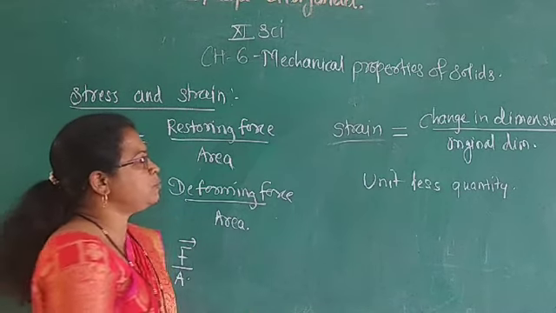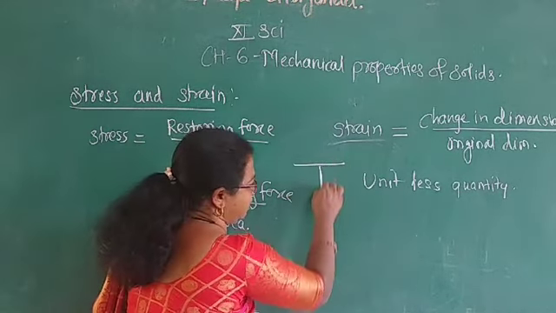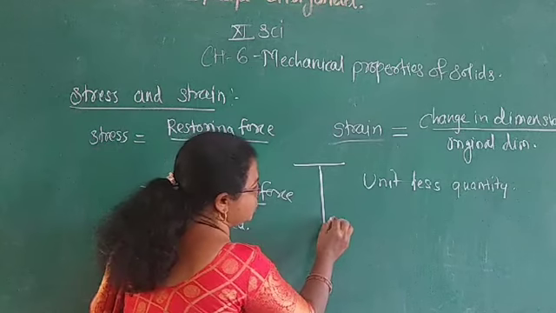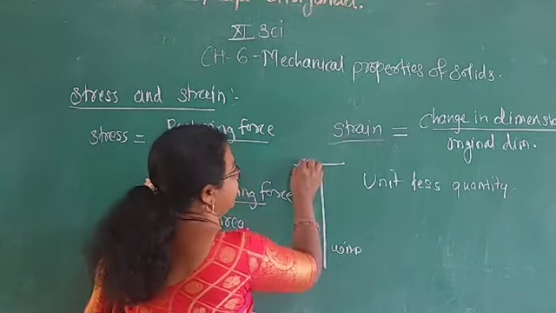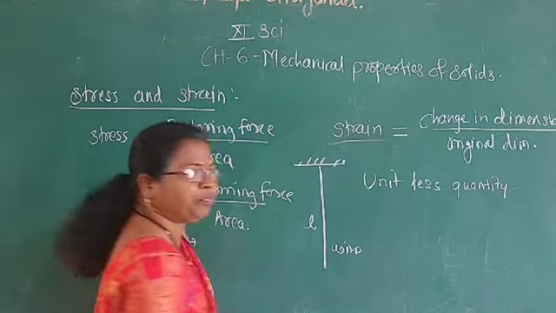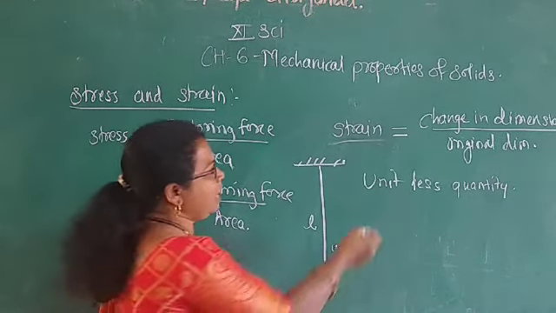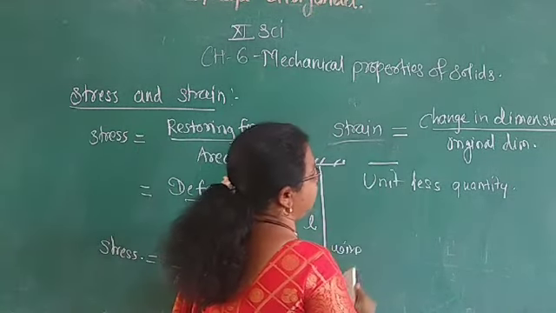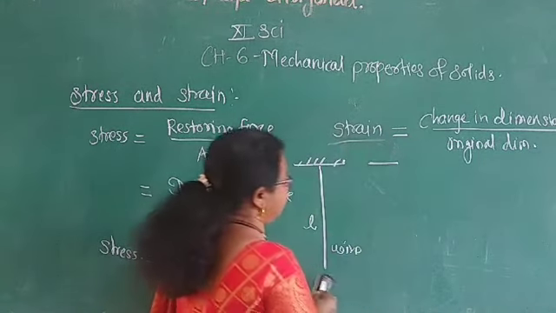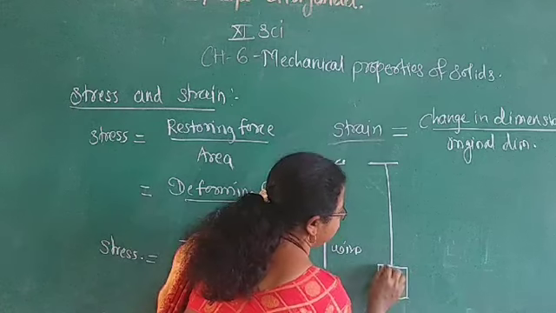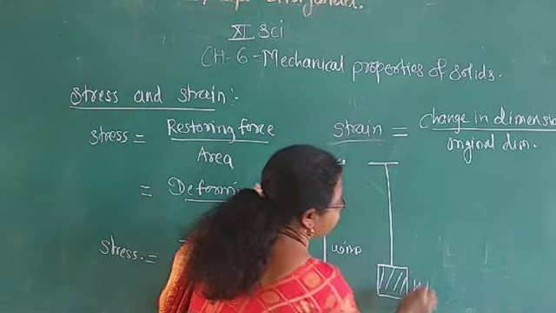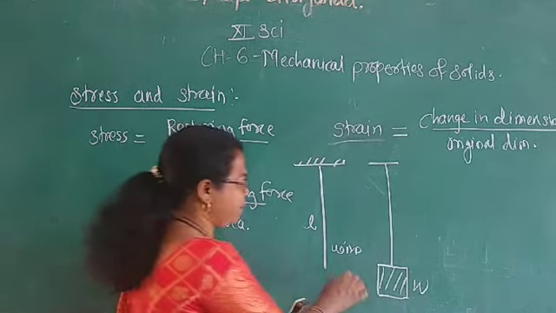For that purpose, suppose consider there is a wire of length L. Suppose length L. Initially, when we apply some force on it, that means suppose weight W is equal to M into G, force applied.